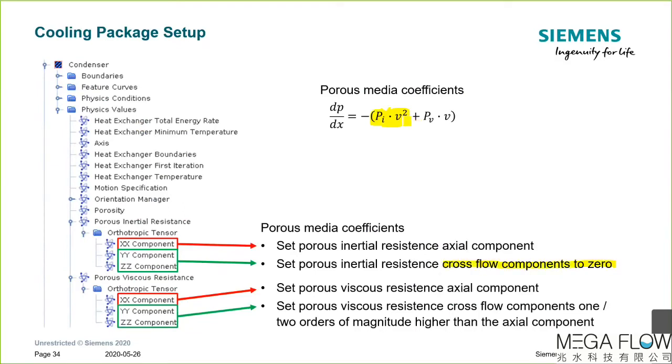As I said, it's multiplied with velocity squared, so very high values can create some instabilities. And for the viscous resistance, I recommend to increase the cross-flow component by 1 or 2 orders of magnitude, and that should be perfectly fine.